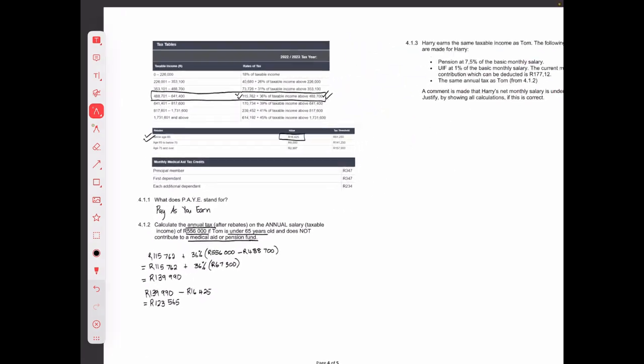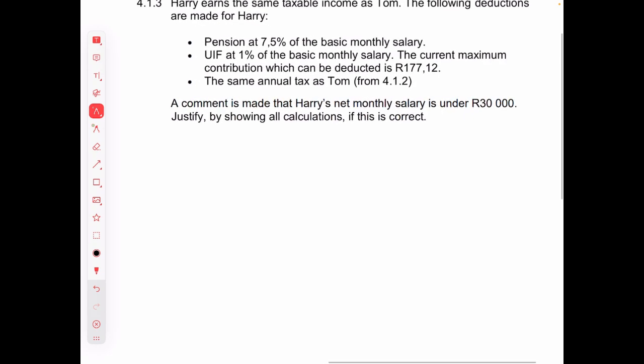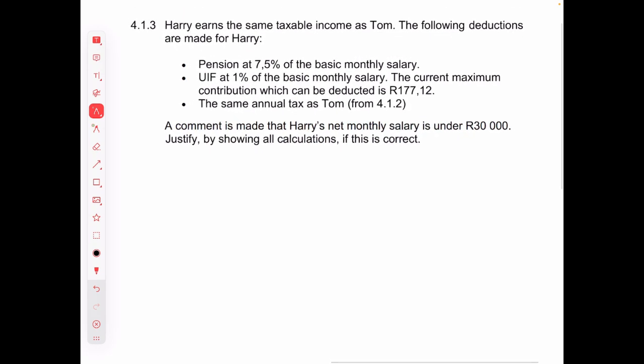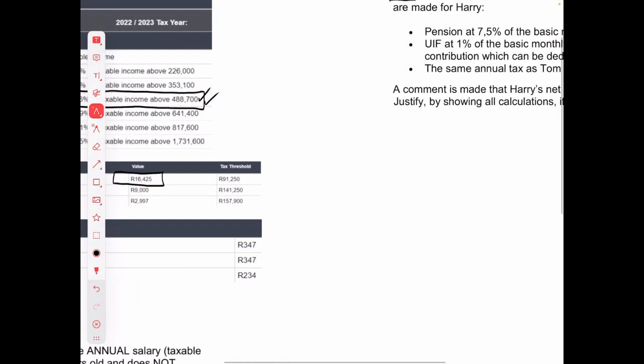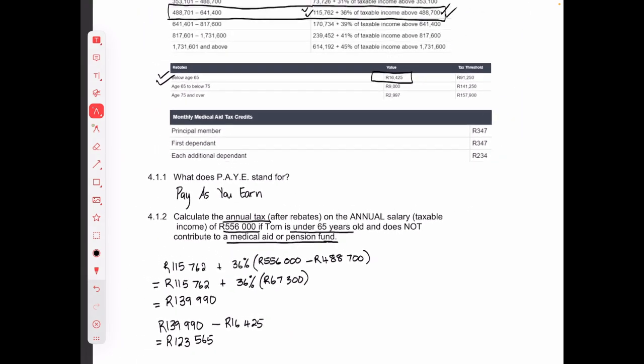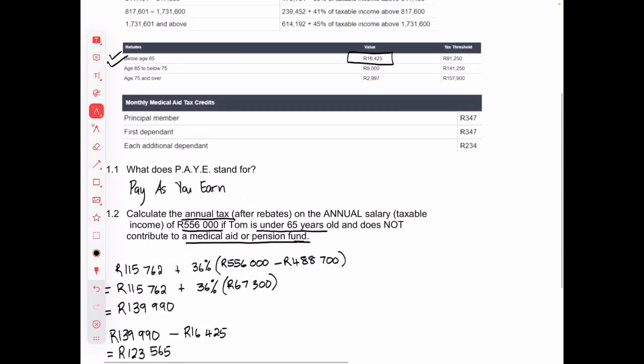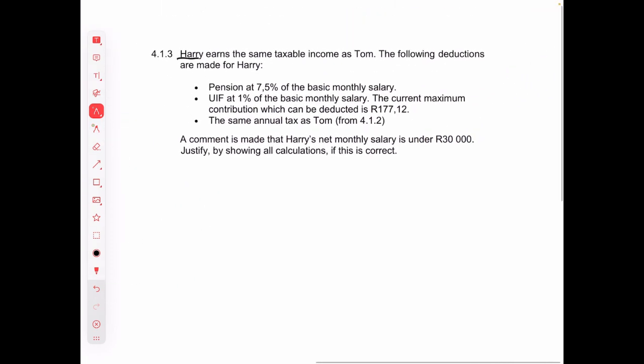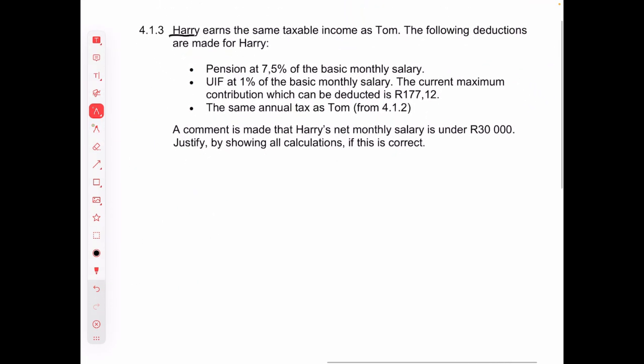Okay, let's go on to 4.3. This question is slightly different from the previous ones. So here it says Harry earns the same taxable income as Tom. So this is Harry, and this amount here is talking about Tom's salary. Okay, so we're going to look at the following question.